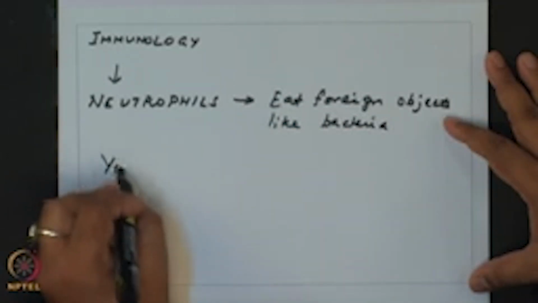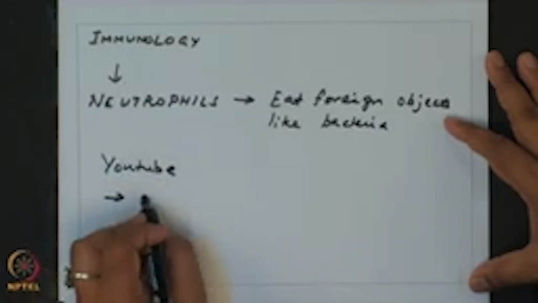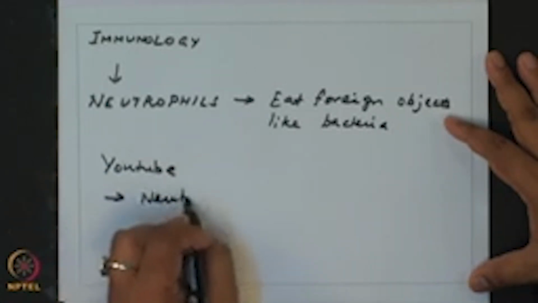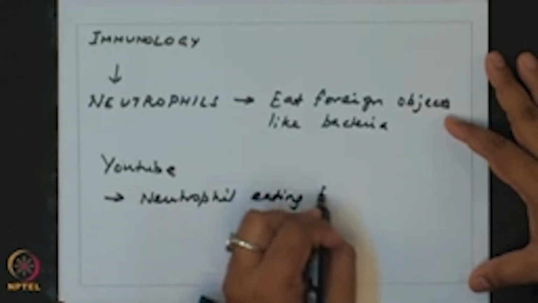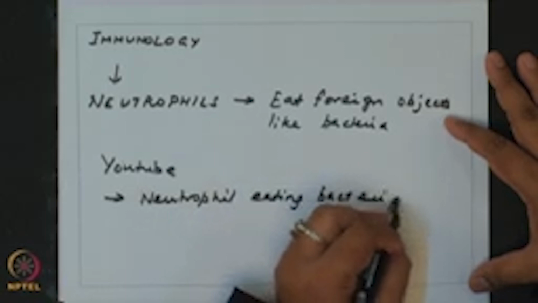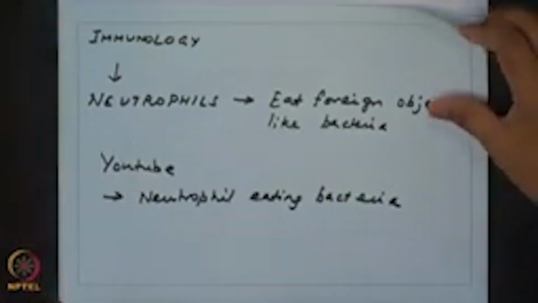So, if you go to YouTube and search for videos of, let us say, a neutrophil eating bacteria, you will come across various movies. You start any one of them. So, what you would find is a picture somewhat like this.